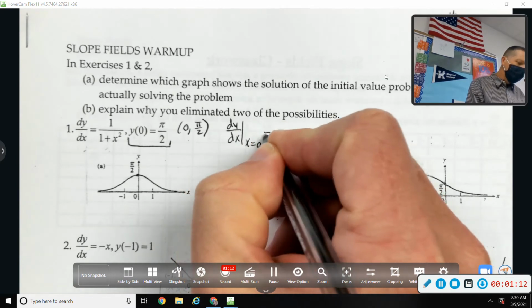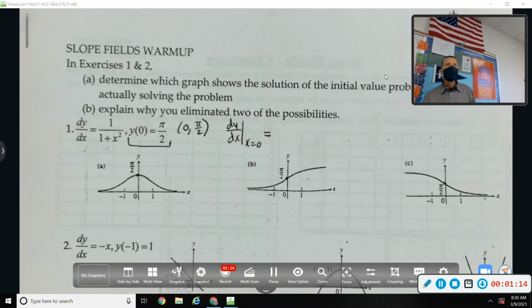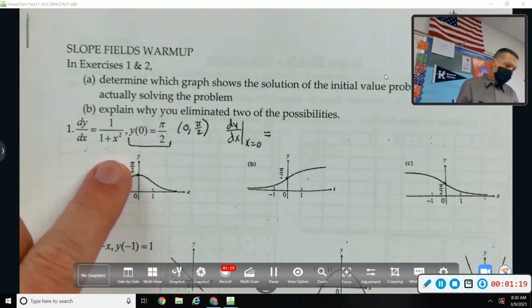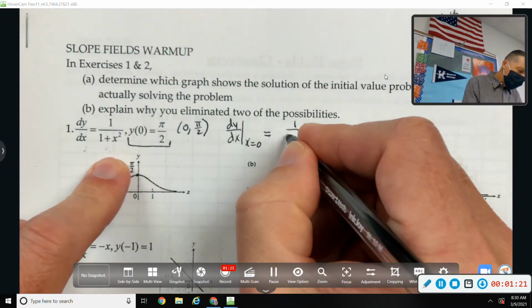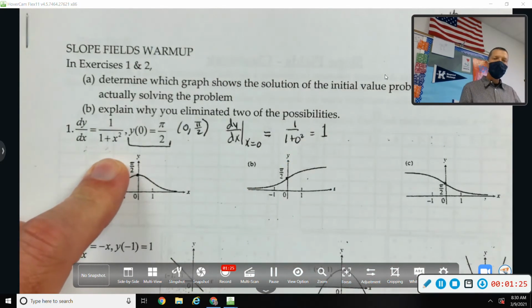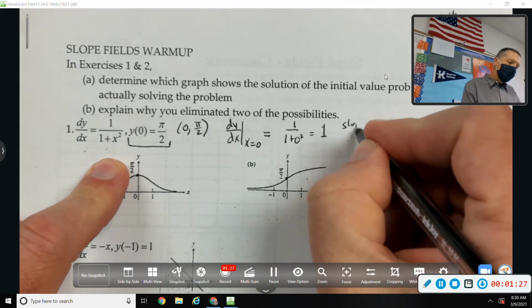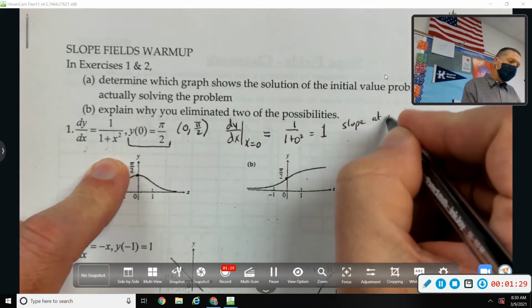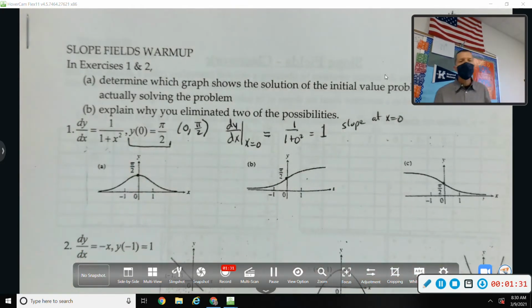That should be an easy spot to check. The slope at x equals 0 is 1 over 1 plus 0 squared, which is 1. So the slope at x equals 0 is supposed to be 1.